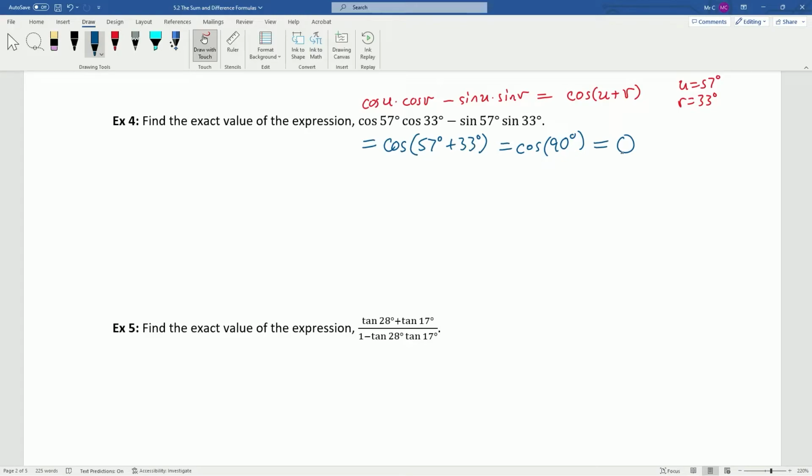In other words, these identities work both directions, right? If you have this expression here, I can move backwards to the cosine of u plus v form. That's fine. It doesn't matter which way you're going. They're equalities, so they're interchangeable. In this case, moving back to that form gives us a nice angle, 90 degrees, that we know how to work with.